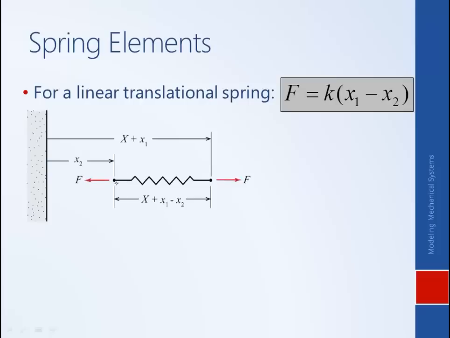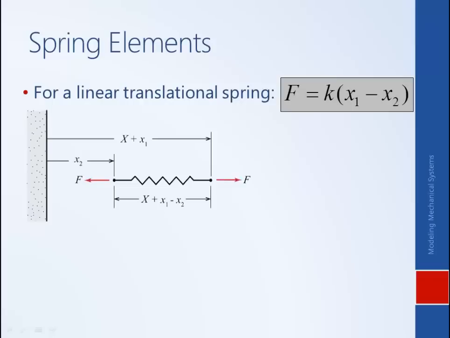So X2 describes the motion of the left end of the spring, and X1 describes the displacement of the right end of the spring. Therefore, the total deformation of the spring is the difference between the displacement of the two ends, X1 minus X2.